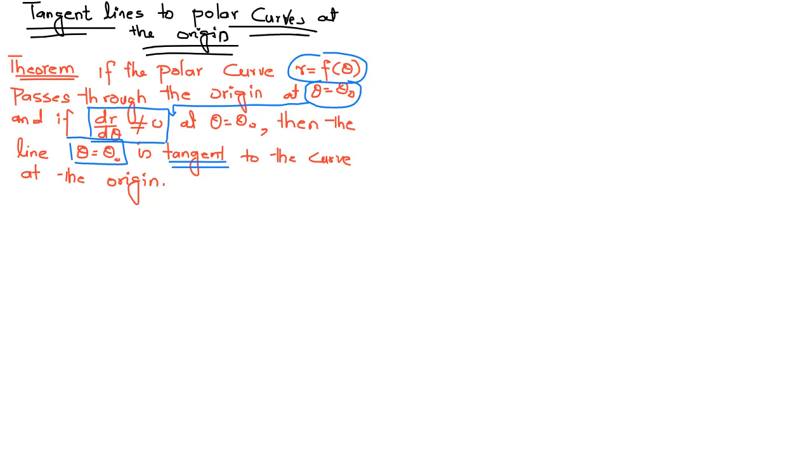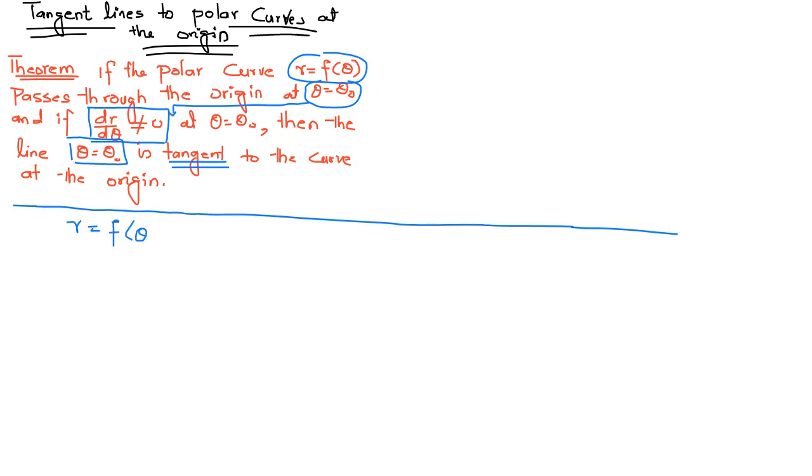So what we have to do to find the tangent line is first take r equals f of theta equal to 0. Whatever polar curve is given, put it equal to 0, and from this you will get different values of theta. You get the equation f of theta equals 0, and you have to solve this equation.